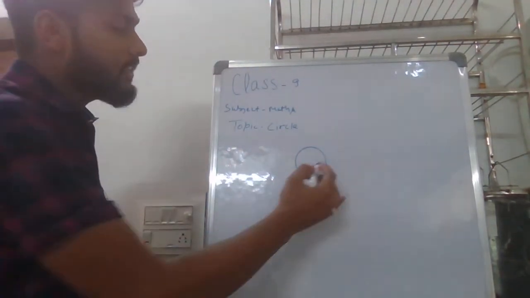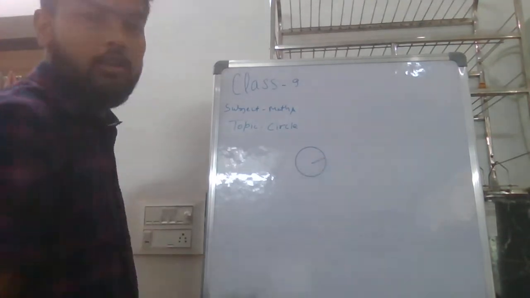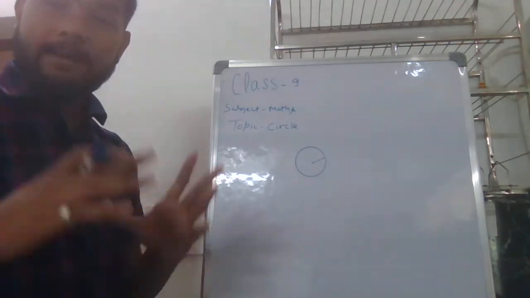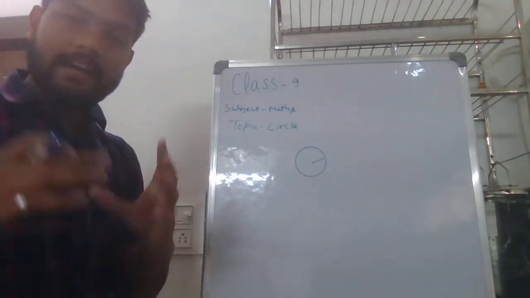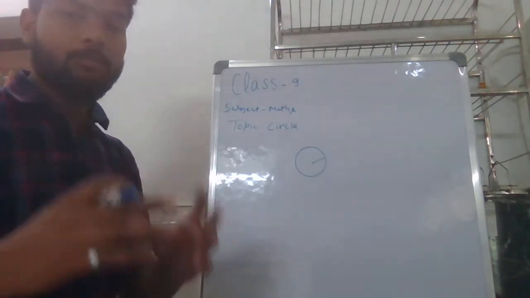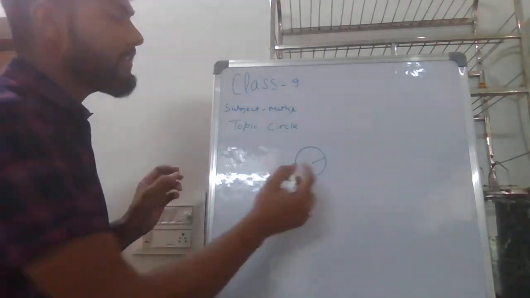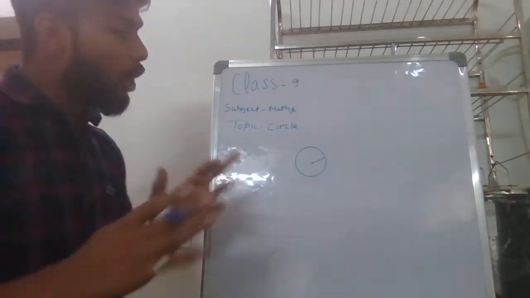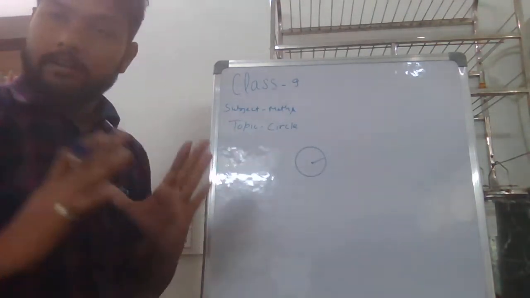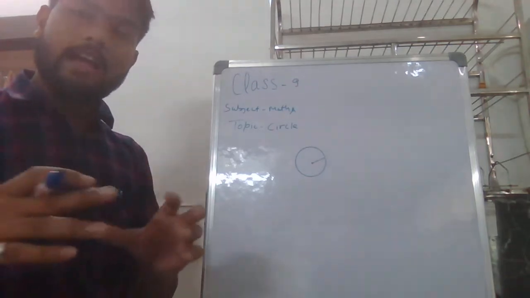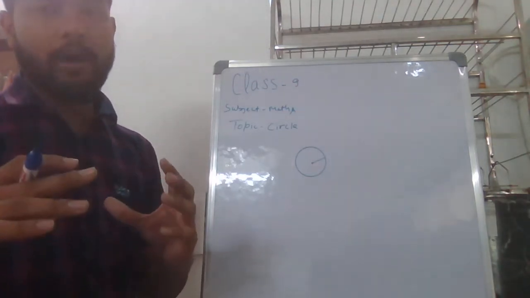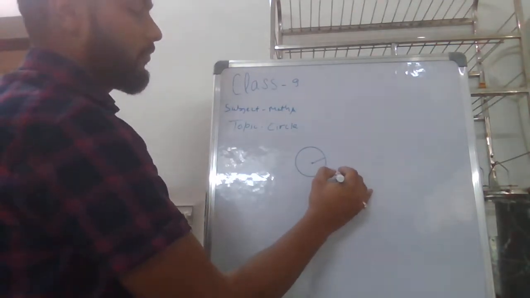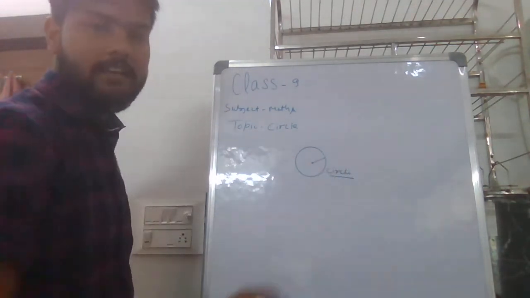The collection of all the points in a plane which are at a fixed distance from a fixed point in the plane is called a circle. That is called a circle.